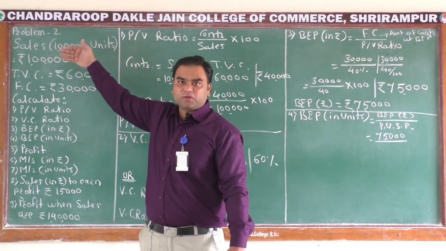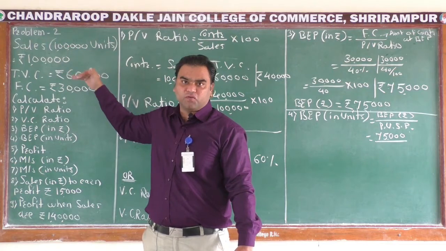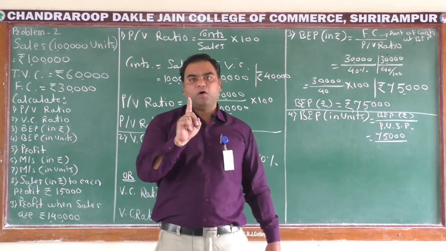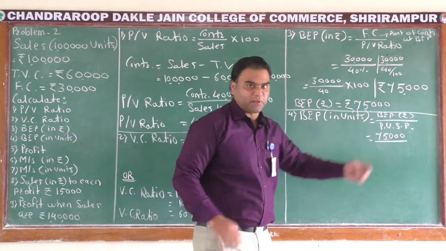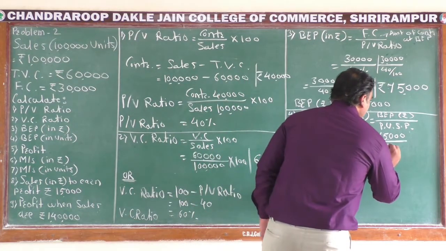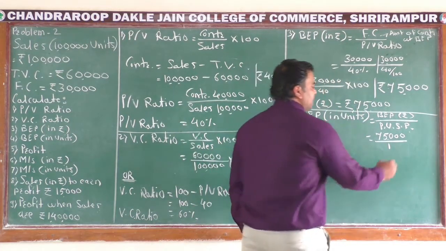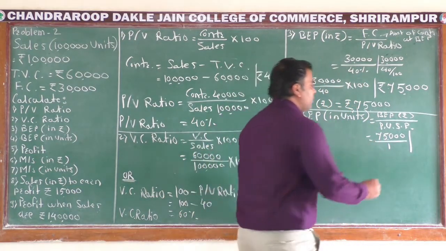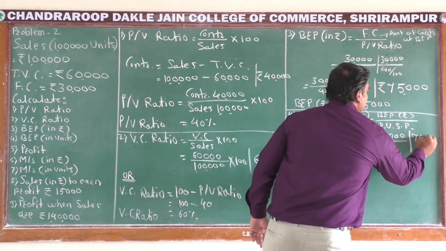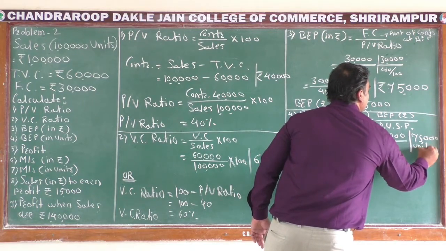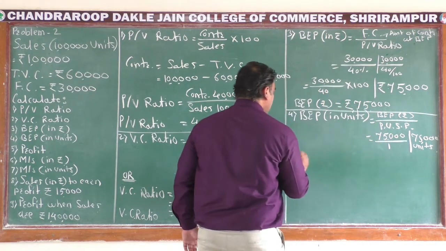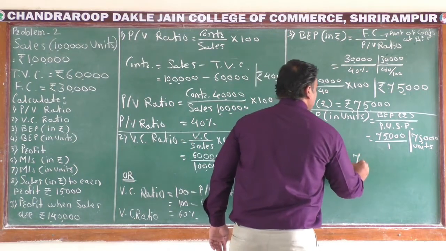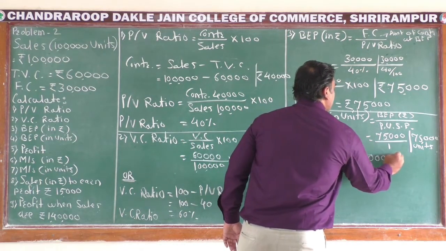So 1 lakh divided by 1 lakh is equal to rupee 1, which is the per unit selling price. So 75,000 divided by 1 is equal to 75,000. So BEP units are 75,000 units.